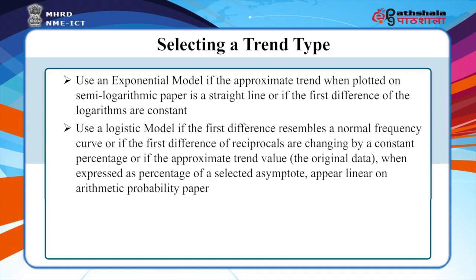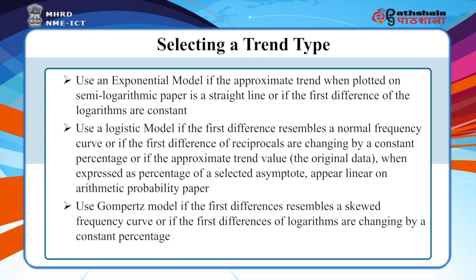Use a logistic model if the first difference resembles a normal frequency curve, or if the first differences of reciprocals are changing by a constant percentage, or if the approximate trend value, that is the original data, when expressed as a percentage of a selected asymptote, appears linear on arithmetic probability paper.